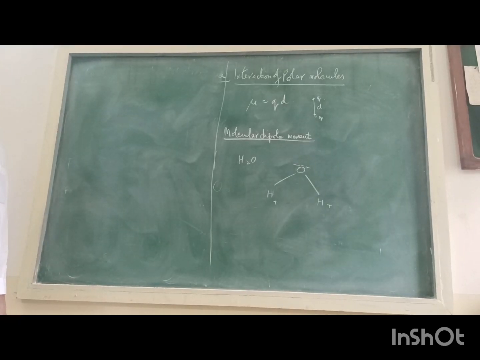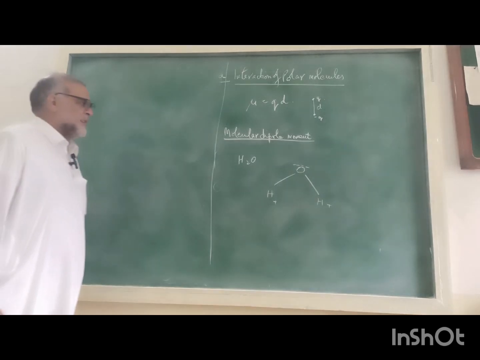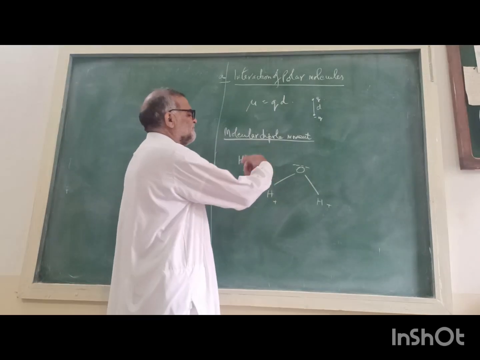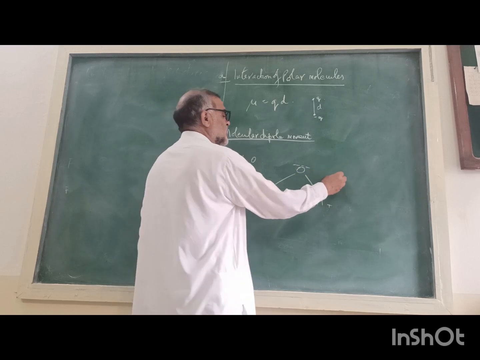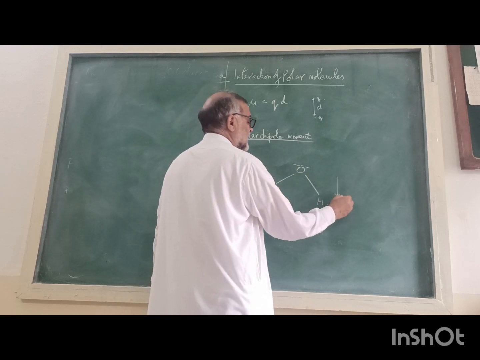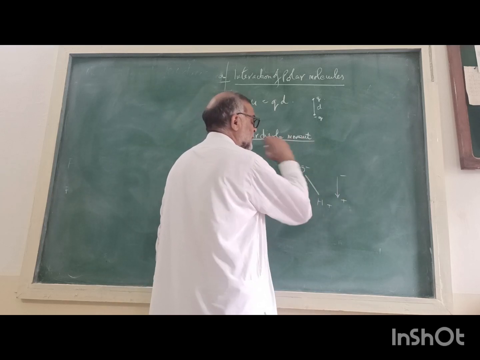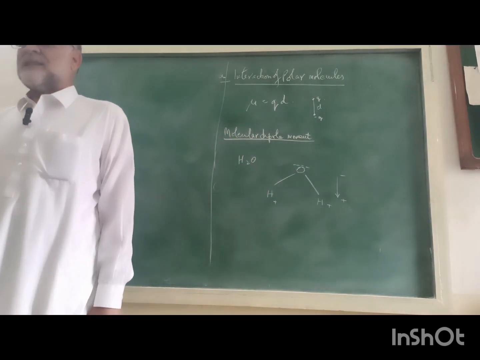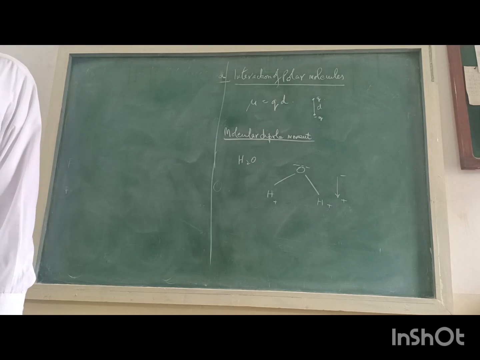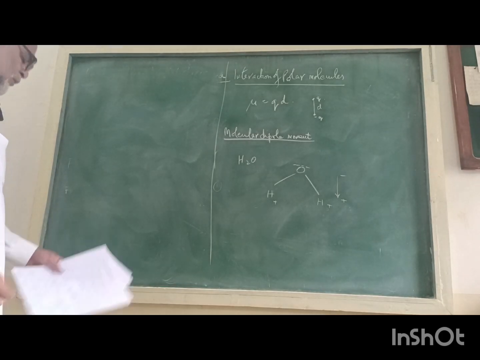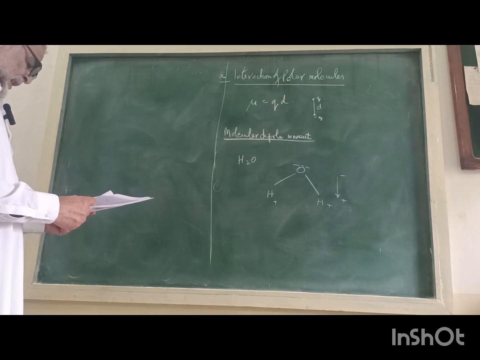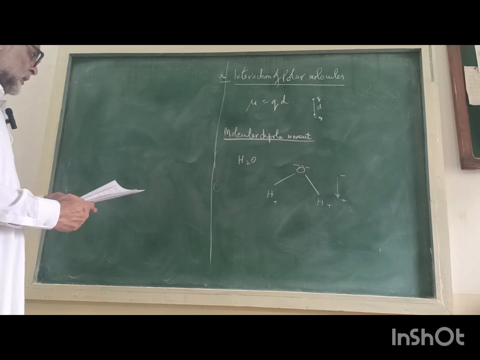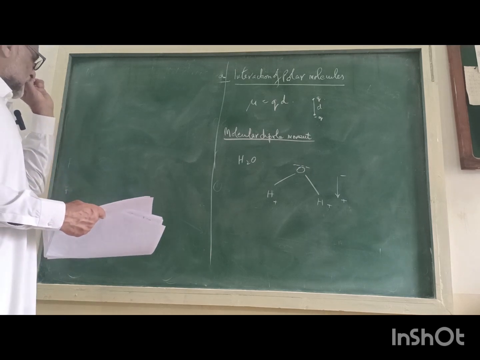We have a water molecule, so there will be a positive charge on this side and a negative charge on this side. So this can be considered as an electric dipole, which we attribute to a molecule, right?